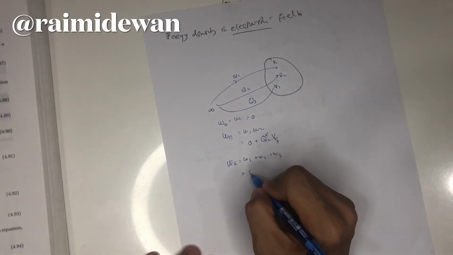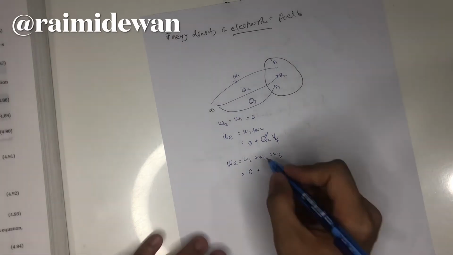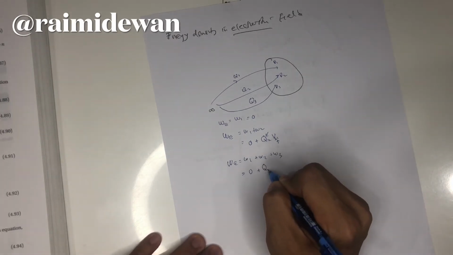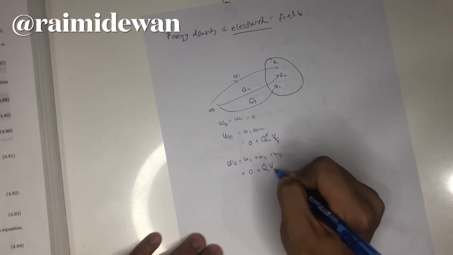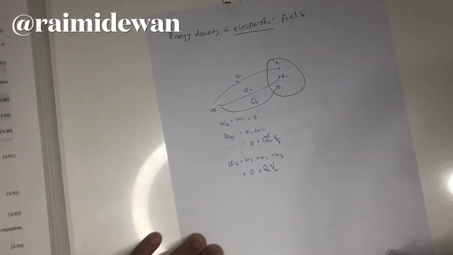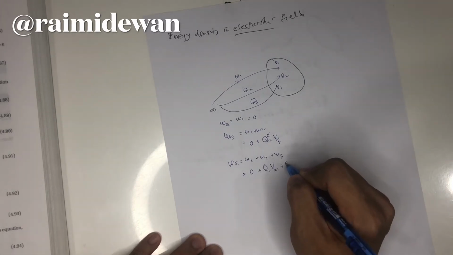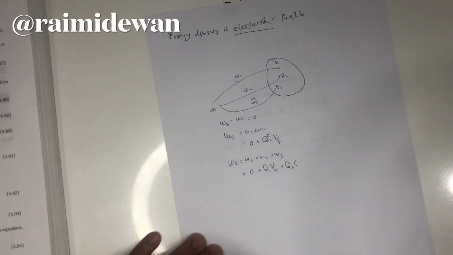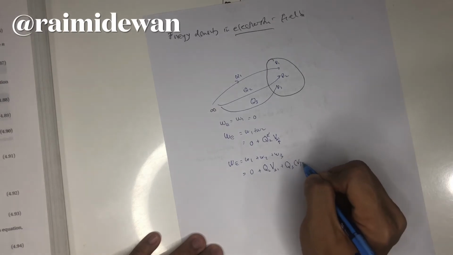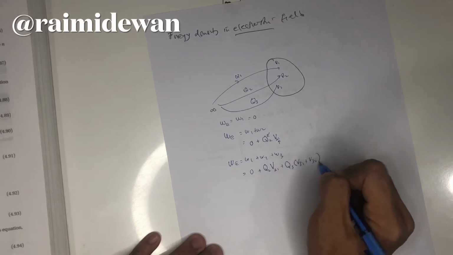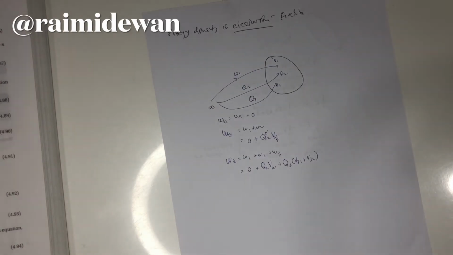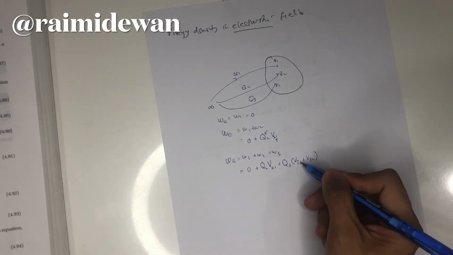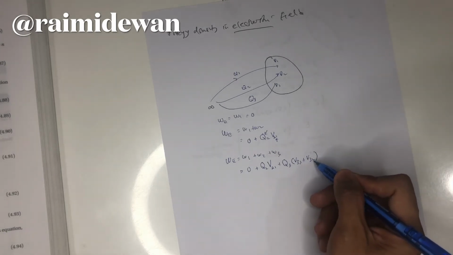Here is 0. Then what is your Q2? Q2 and potential from point 1 to point 2. And then the next one, you have the combined potential V31 plus V32, potential from point 1 to point 3 and potential from point 2 to point 3.